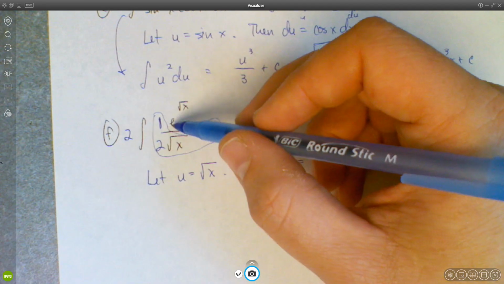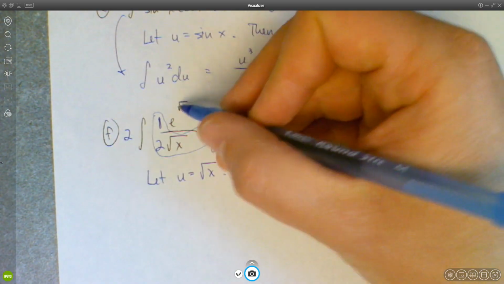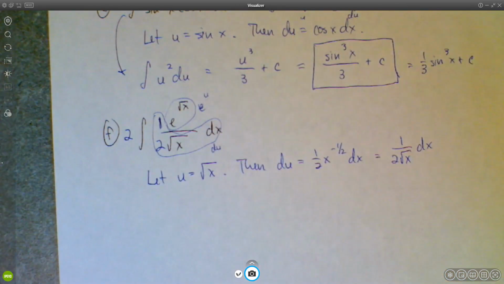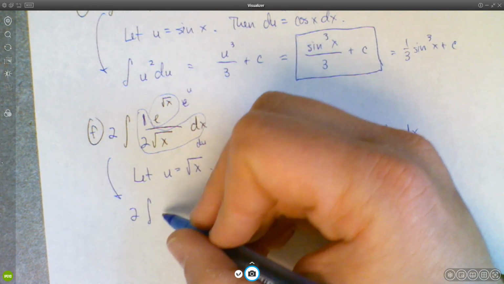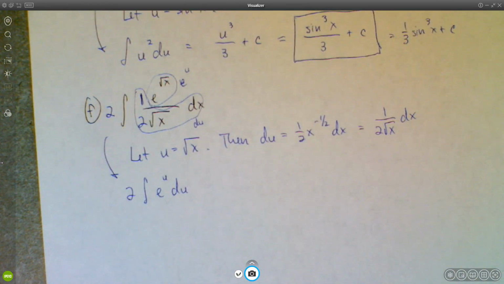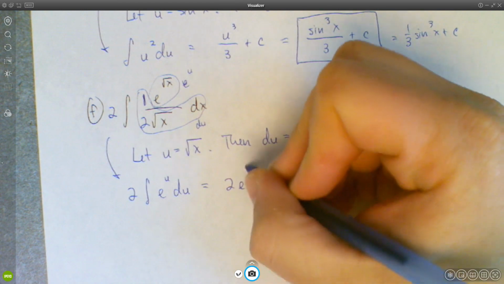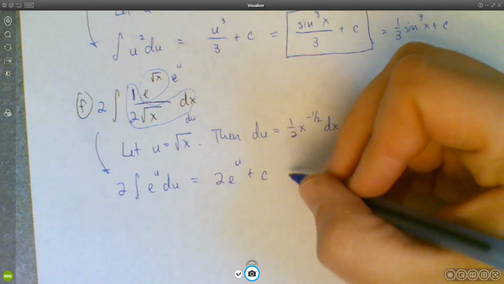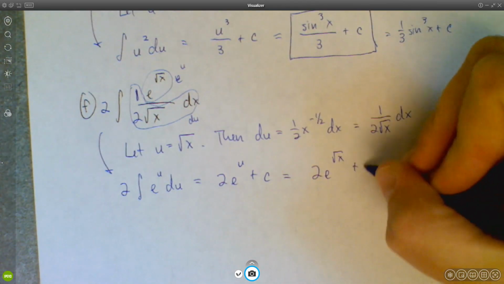This other part becomes e to the u. So we get 2 times the integral of e to the u du. The antiderivative of e to the u is just e to the u. It doesn't change at all. Rewriting this in terms of x, we have 2e to the square root of x plus C.